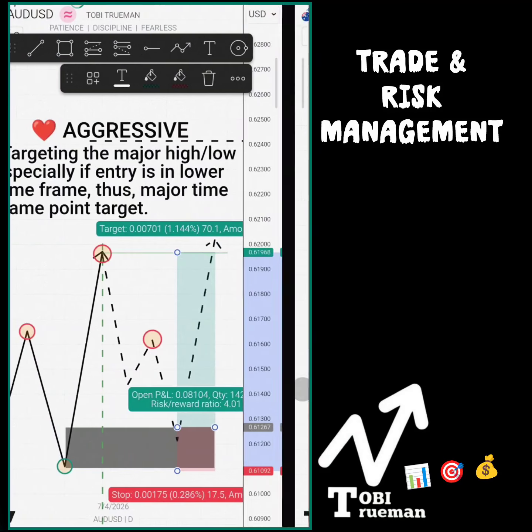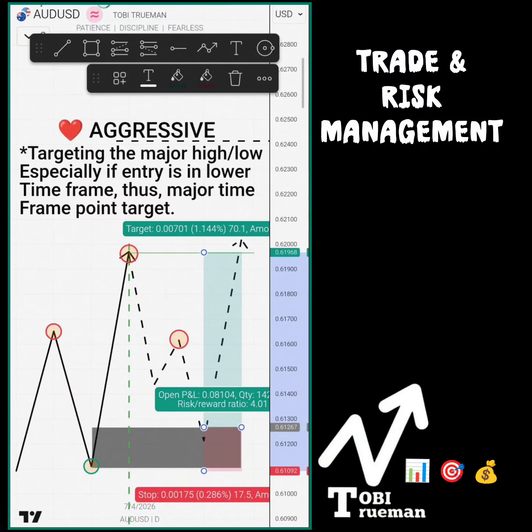All right, now let's look at the aggressive one. At the aggressive point, to take profits, you are targeting the major high or low, especially if the entry is in a lower time frame. Thus, the major time frame point is the main target. Let's say this is our higher time frame, the daily time frame, and then we come to the corresponding lower time frame, the 4-hour.